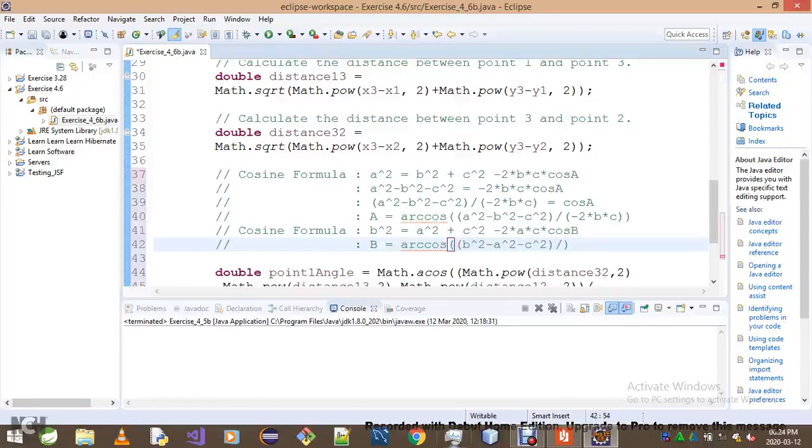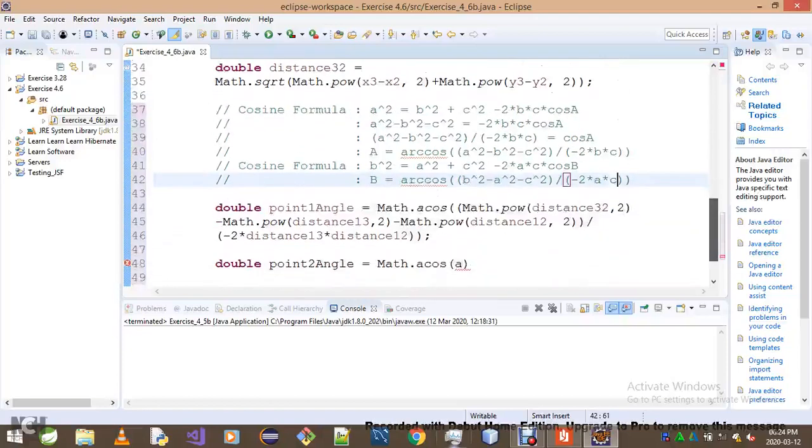And then you'll simply say divided by minus 2 multiplied by A multiplied by C. So this is precisely what we're going to put on our formula.